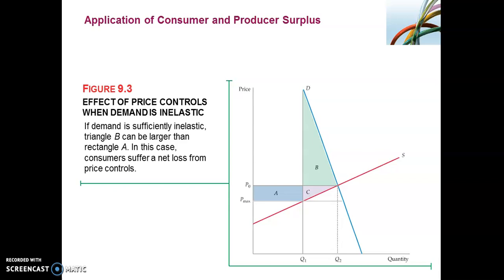Now, if you're going to compare these shapes, remember this was a gain to consumer surplus and this was a loss to consumer surplus.